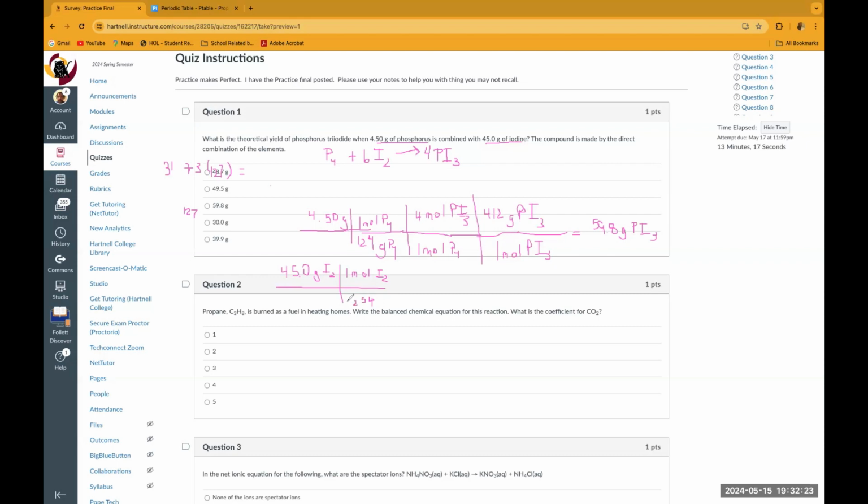Yes. So what are we going to use to get to our moles of triiodide? The molar ratio? Ratio. Okay.